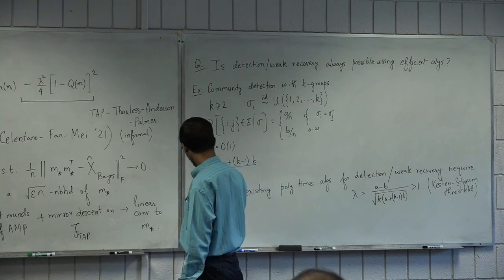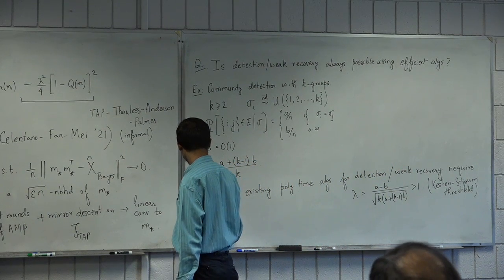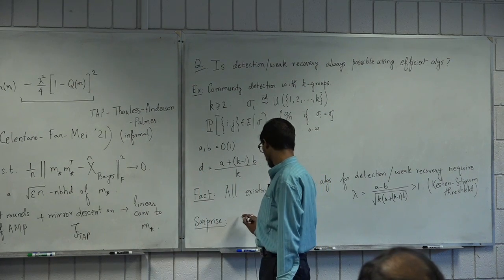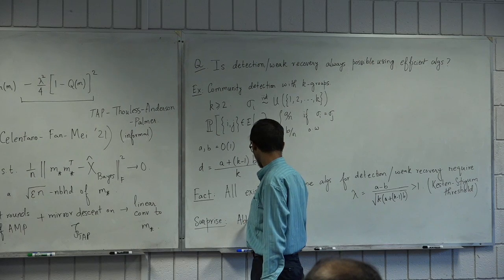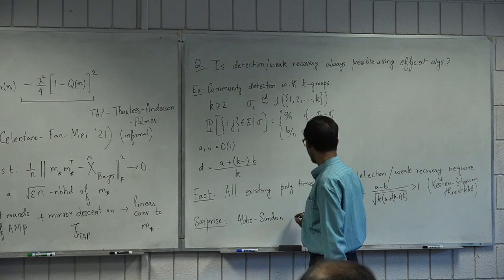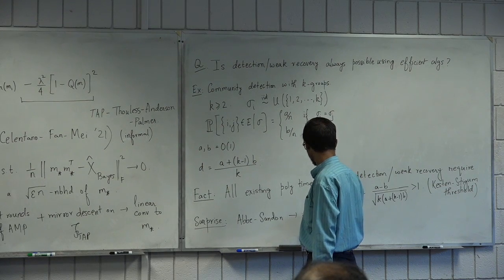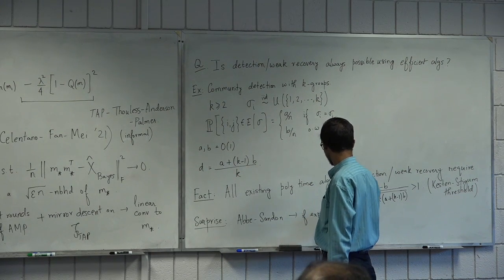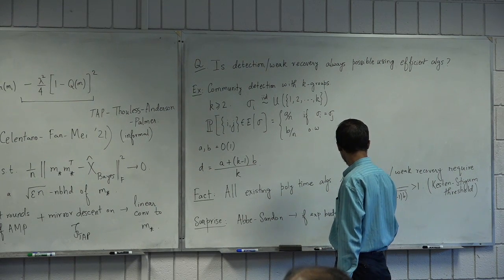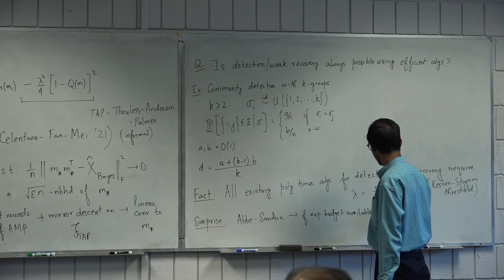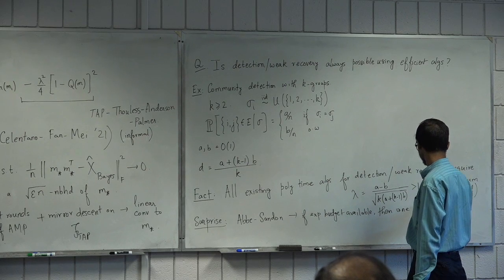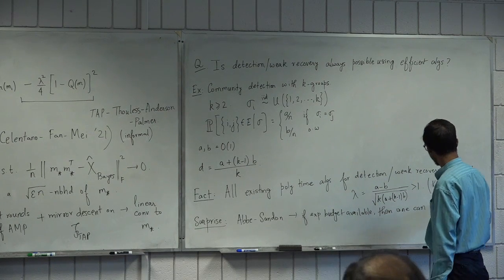The surprise is that there is a result due to Emmanuel Abbé and Colin Sandon from a few years ago, where they show that if an exponential budget is available, then one can beat the KS threshold.